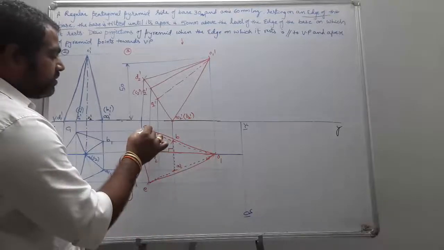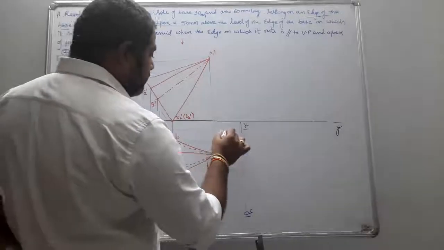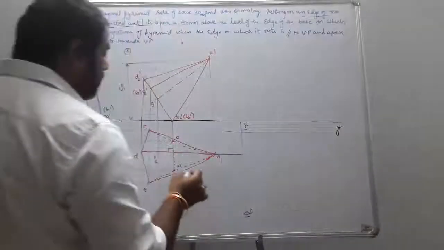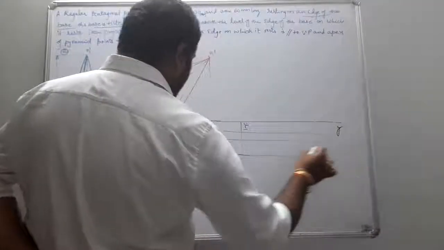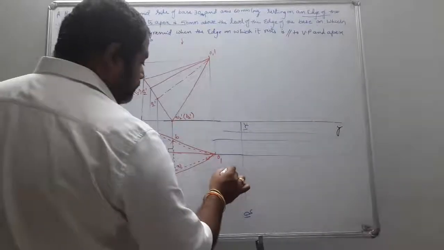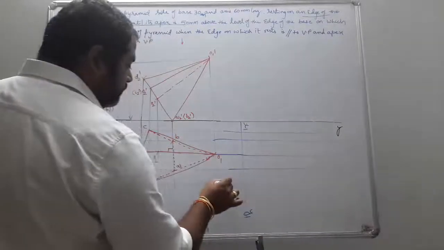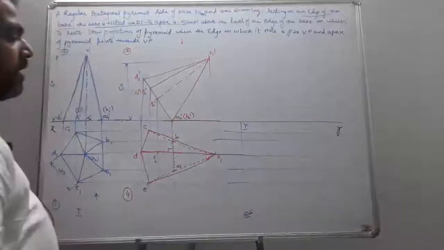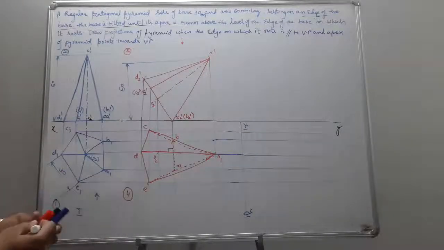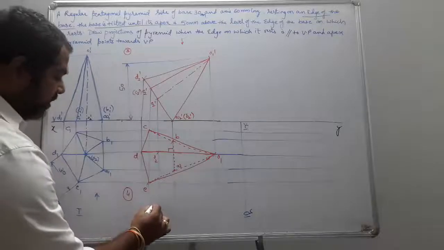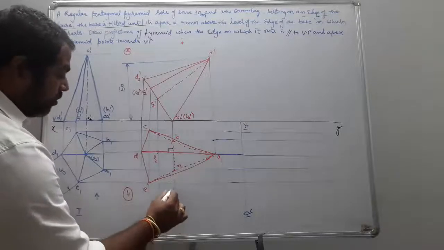Now I am supposed to extend all the projectors from all the points, and take the distances from the old reference line and place them here. So this becomes my final top view.